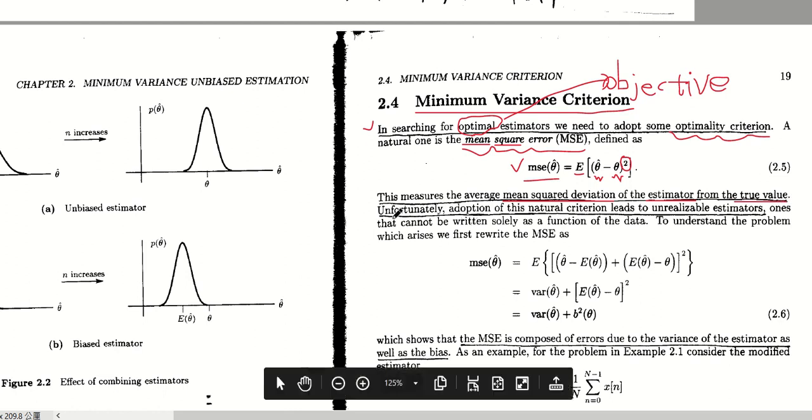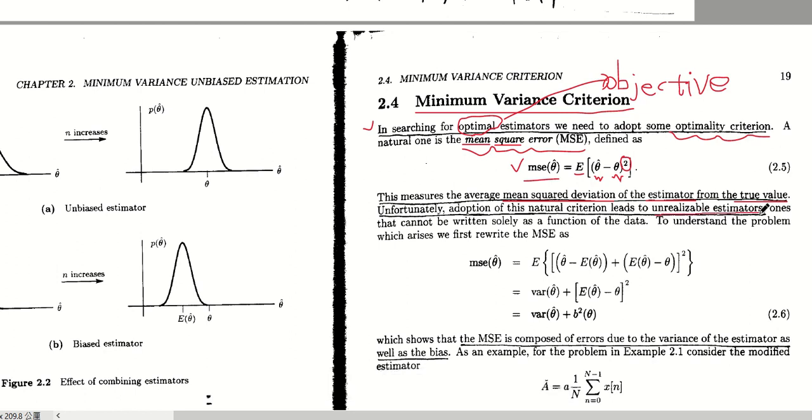Unfortunately, adoption of this criterion leads to unrealizable estimators, ones that cannot be written solely as a function of the data. To understand the problem, we first derive the MSE.